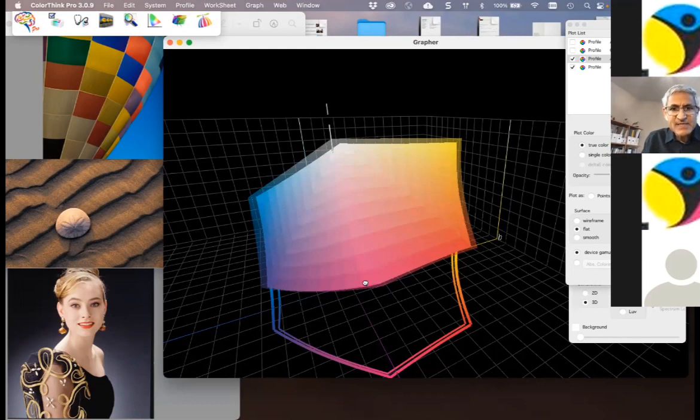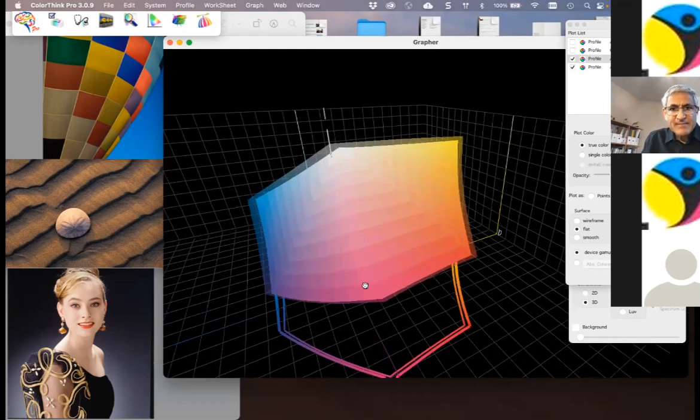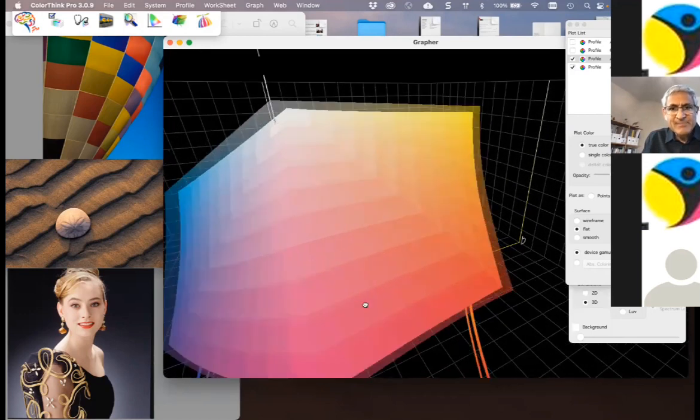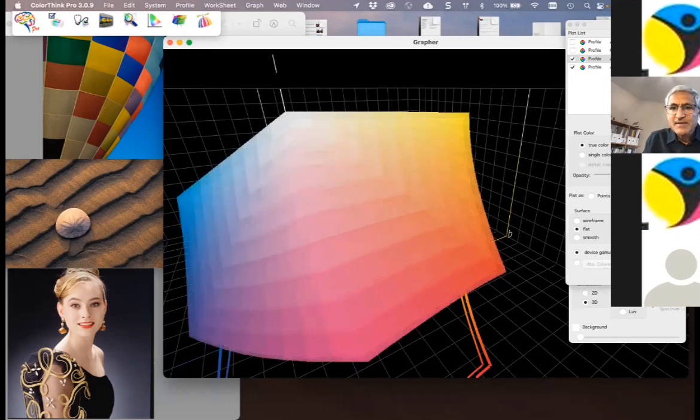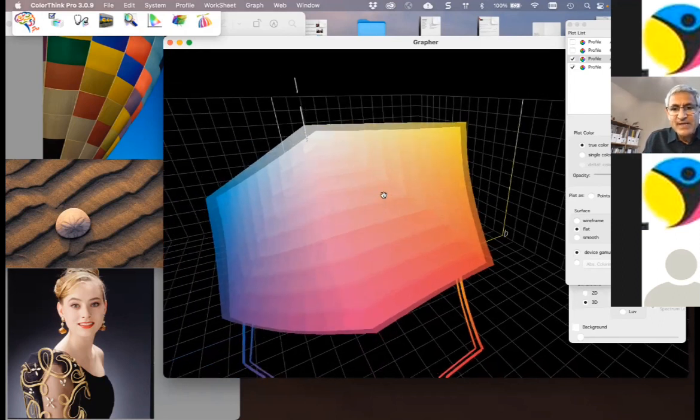Here we can see the number of colors that we add to the color gamut by using this better quality paper. This is the same inks, but different paper stock, and here's the increase in color gamut. Basically there are five for gravure printing that we can choose from, and each one will have more colors.